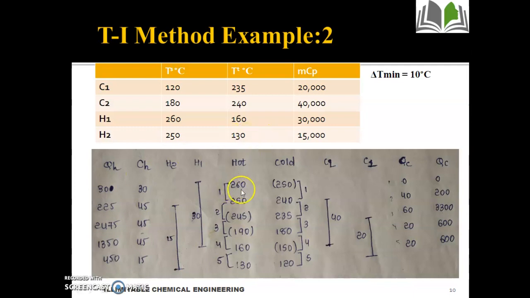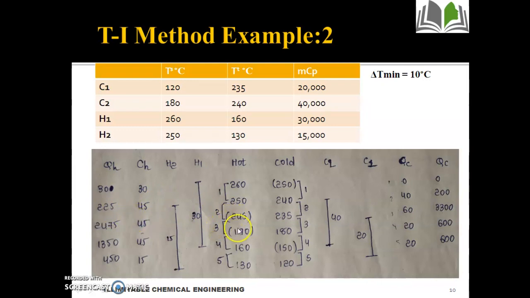So here for the first interval the temperature difference is 10 degrees Celsius. So 30 into 10, it is 300. Similarly 250 minus 245, 5 into 45 means 225.